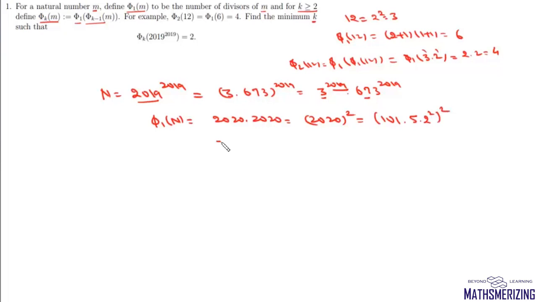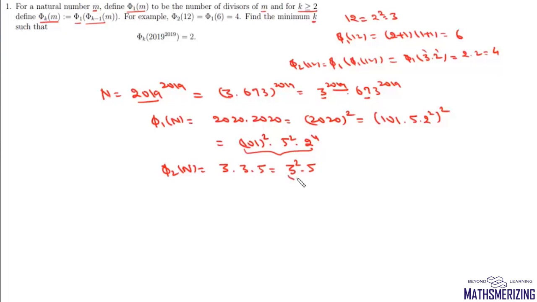So we can write this number as 101 square into 5 square into 2 to the power 4. So we'll write phi 2 of n. It will be the number of divisors of this phi 1 of n. So it will simply be 3, 3 and 5. So that should be 3 square into 5.